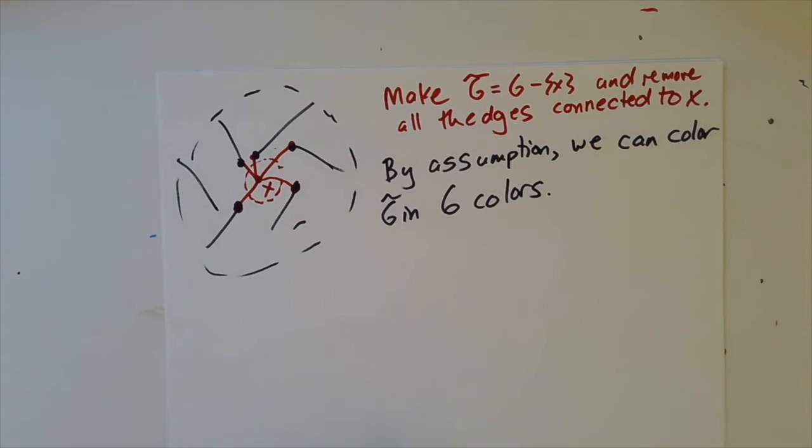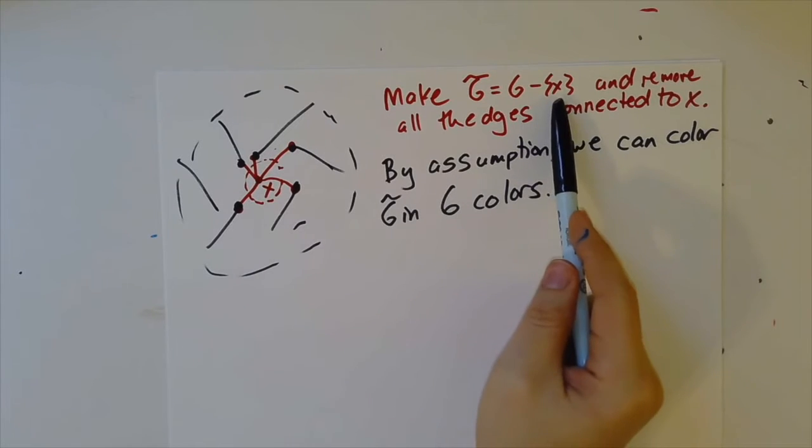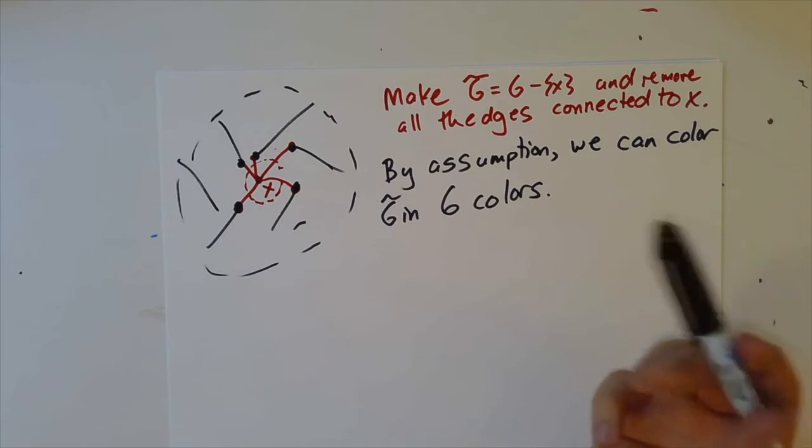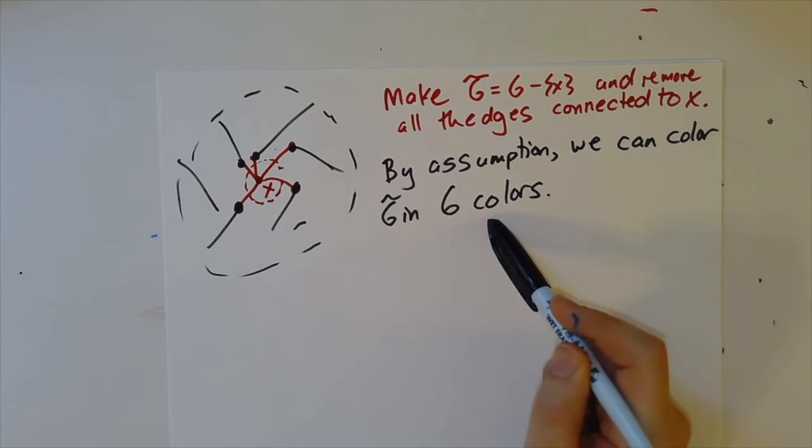Right? Because remember, G itself was the smallest graph that required 7 colors. And so if I take a vertex away, I now have a smaller graph. That graph can't require 7 colors anymore, so it can be done in 6.